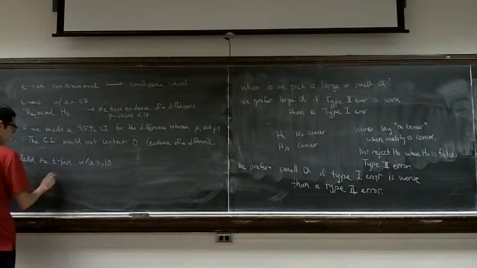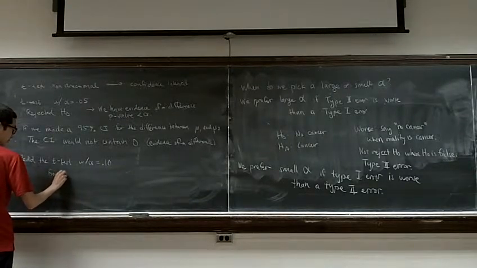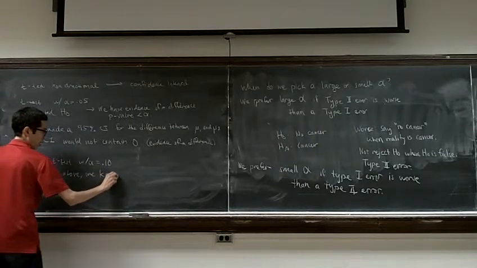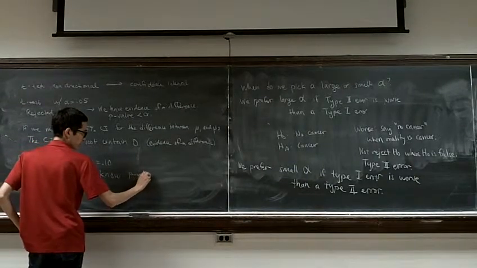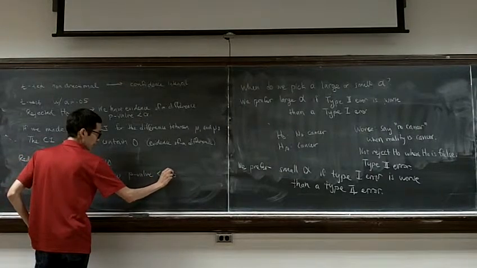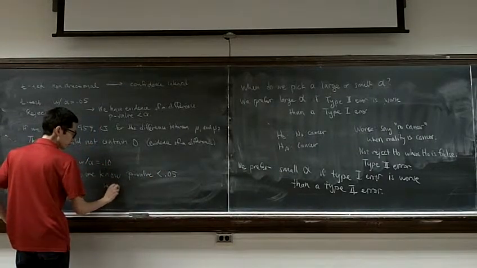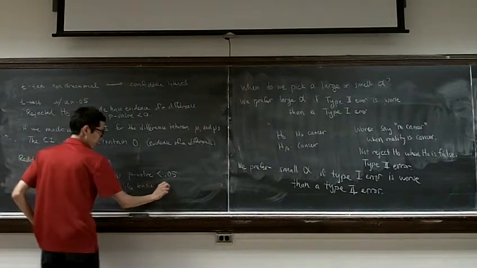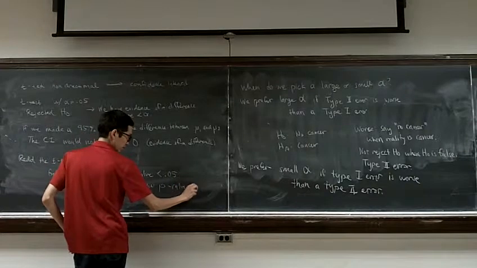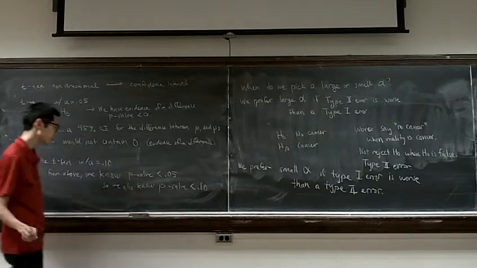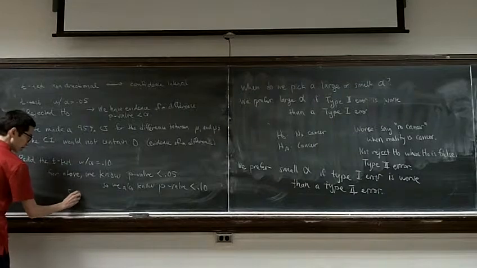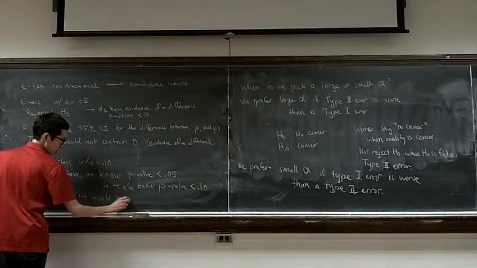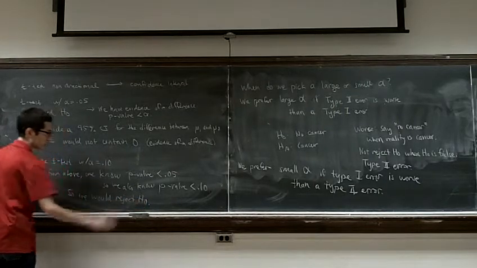So from above, we know that the p-value is less than 0.05. So we also know that the p-value is less than 10%. So we would reject the null.